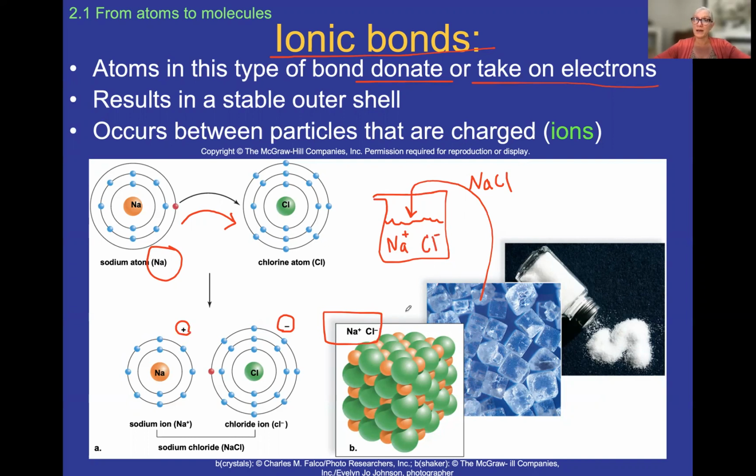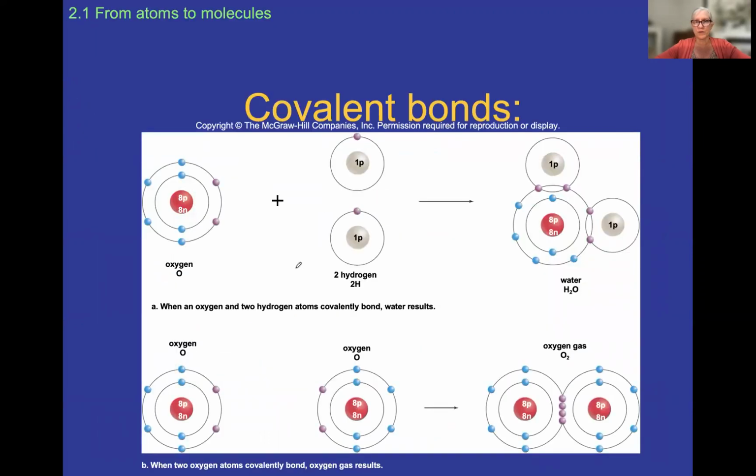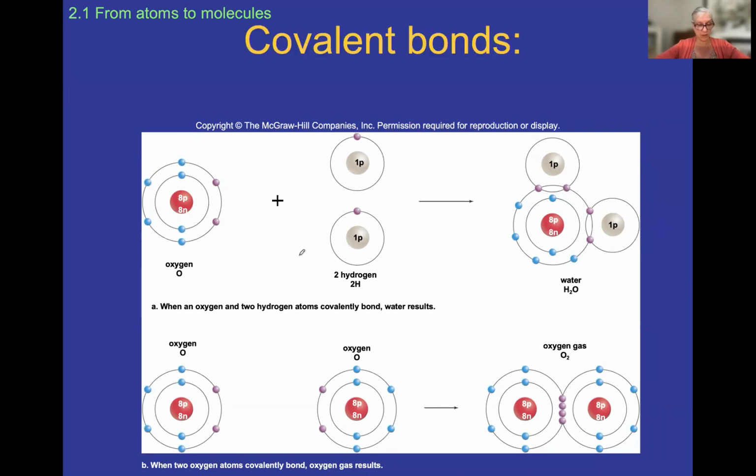So those are called ions. It's a particle that has a charge on it, a plus charge, a minus charge. Those are called ions. There's some other examples, but we're going to go on to covalent bonds.